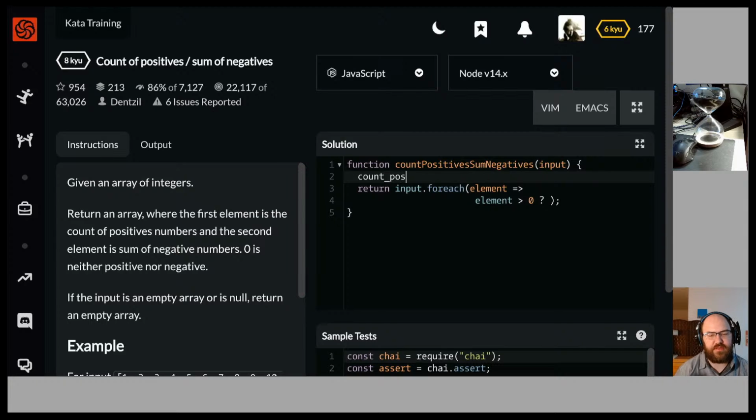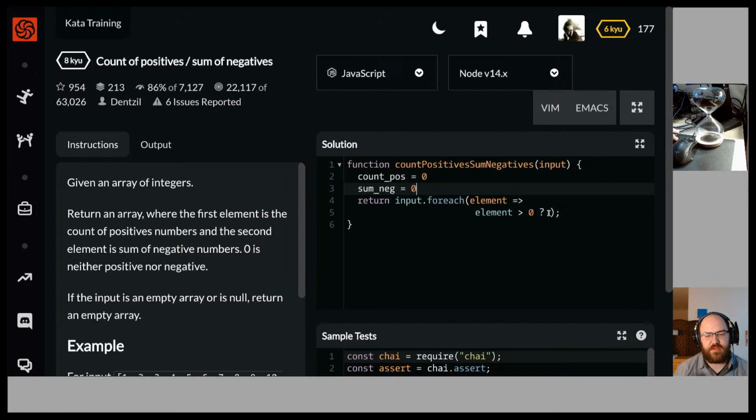Count positive equals 0, sum negative equals 0. Count positive, that equals 1. Otherwise, element less than 0, question mark, sum negative plus equals element.